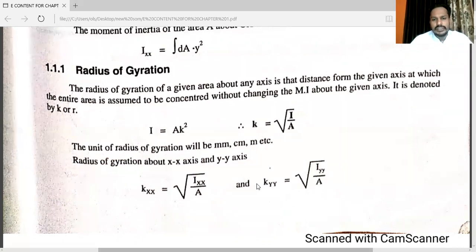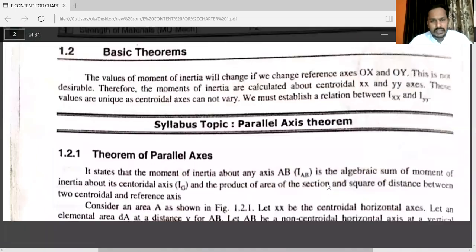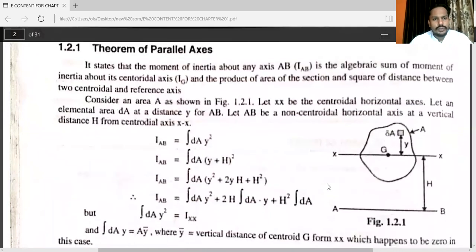Similarly, kyy is equal to under root of Iyy upon A. See, both formulas are very important. Already we completed moment of inertia. After that, we know what is meant by radius of gyration. See, few theorems are there. We have to write down all the important formulas.